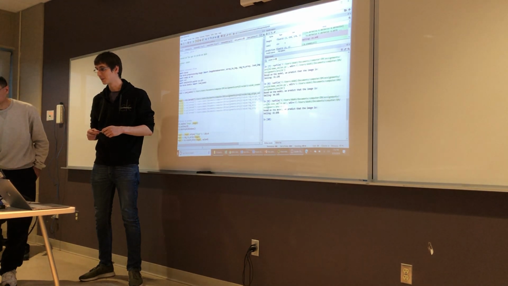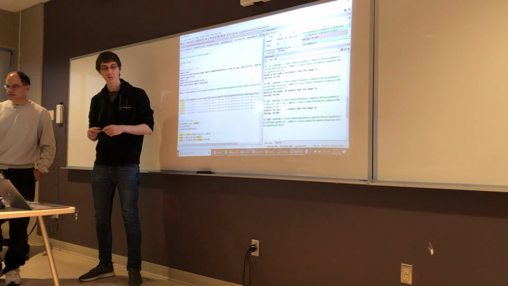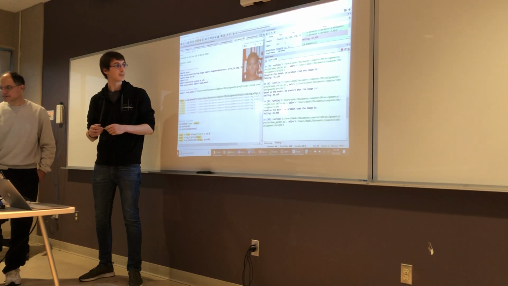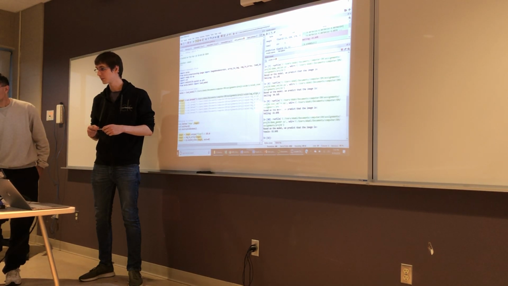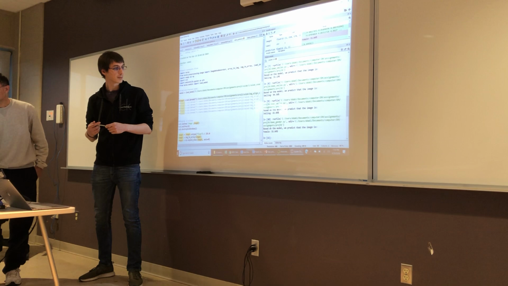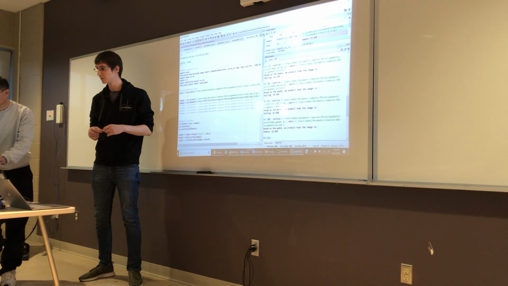So here's the gender one. Now she has short hair, right? So that comes in at only 55% female.